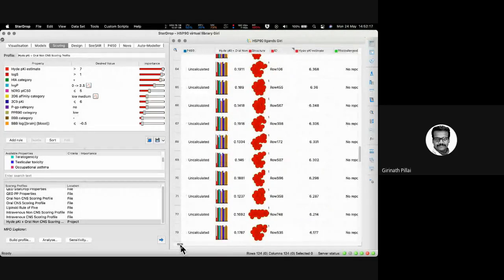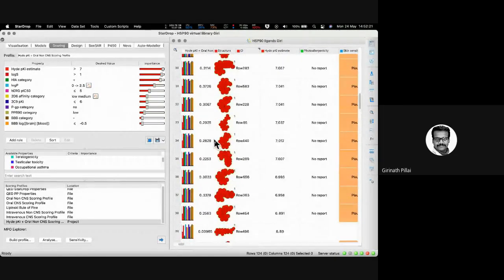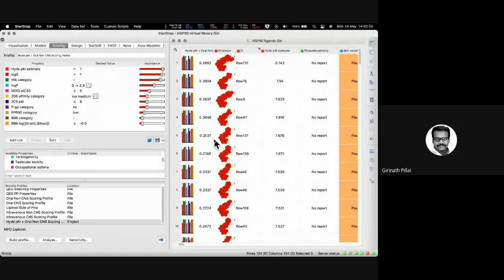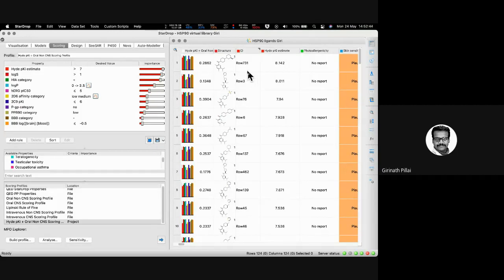If you have any doubts, please ask me. You have to be very, very careful here. Please be attentive. Imagine, based upon the biological activity data, row 731 and row 3, which have the values 8.142 and 8.011, are my best biologically active compounds.